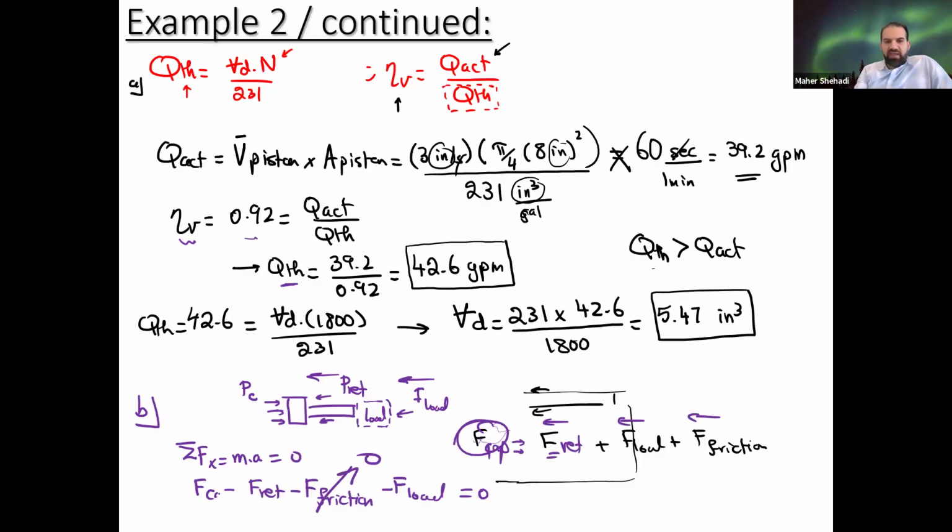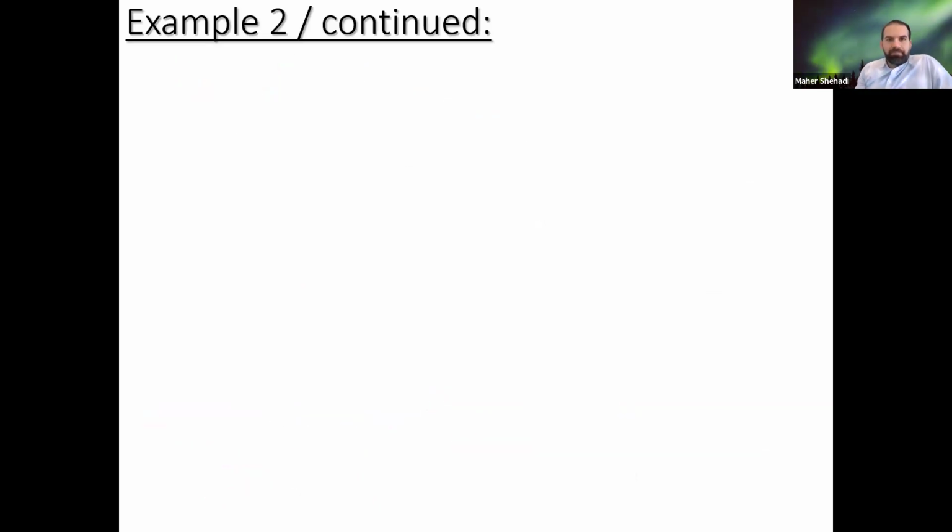So to find F cap, or in general P cap, I'm looking for the pressure, but I can just say P cap equals this pressure and the pressure by the load. We do force, and then from the force, I can find the pressure. So if we write it again here, FC is equal to F on the retract side plus F load, or it said the friction is equal to zero.